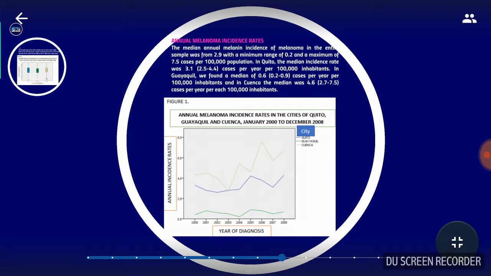In Guayaquil, we found a median of 0.6, range 0.2 to 0.9 cases per year per 100,000 inhabitants, and in Cuenca the median was 4.6, range 2.7 to 7.5 cases per year per 100,000 inhabitants.